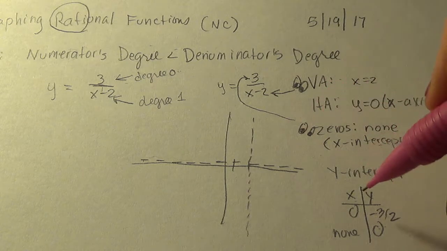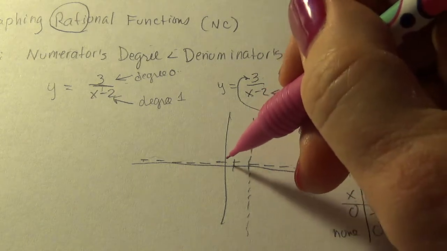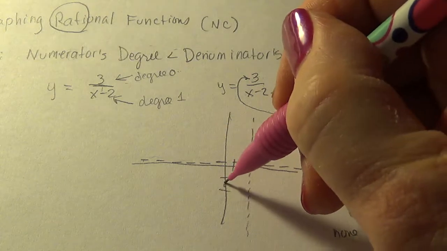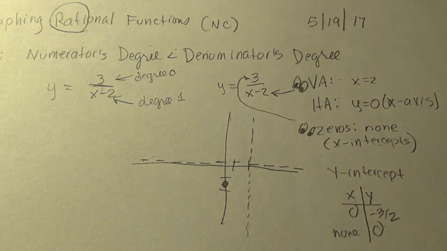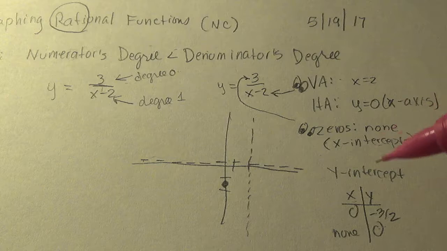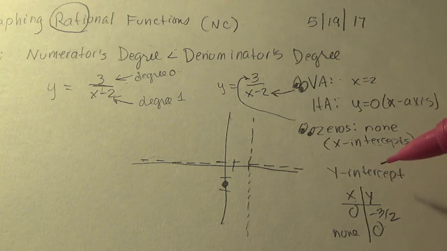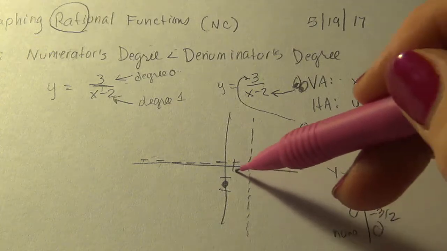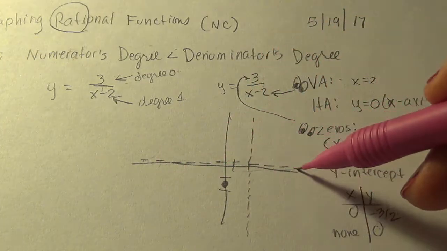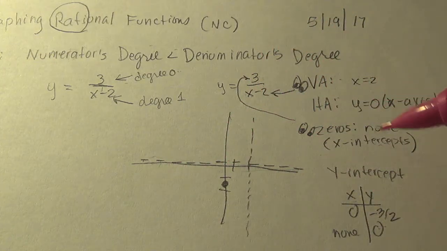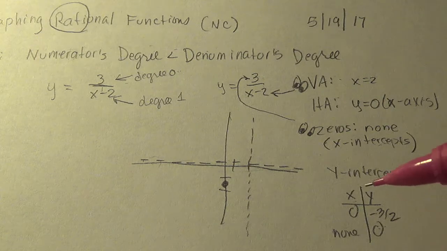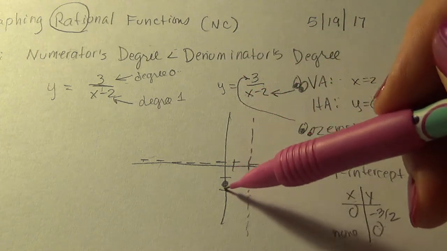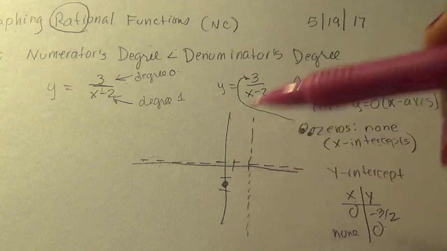Alright, so I can graph that: 0, minus 1.5. So that's another kind of zero. Those on the x-axis, we call those crossing-point zeros. But there is also merit in talking about where it crosses the y-axis.